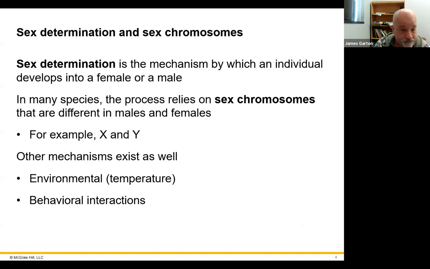For example, in a mammal, we use the terms chromosomes X and Y. In a lot of birds and some other organisms, we use the chromosomal indications of Z and W. For some organisms, it is the temperature at which the egg is incubated that determines maleness or femaleness.